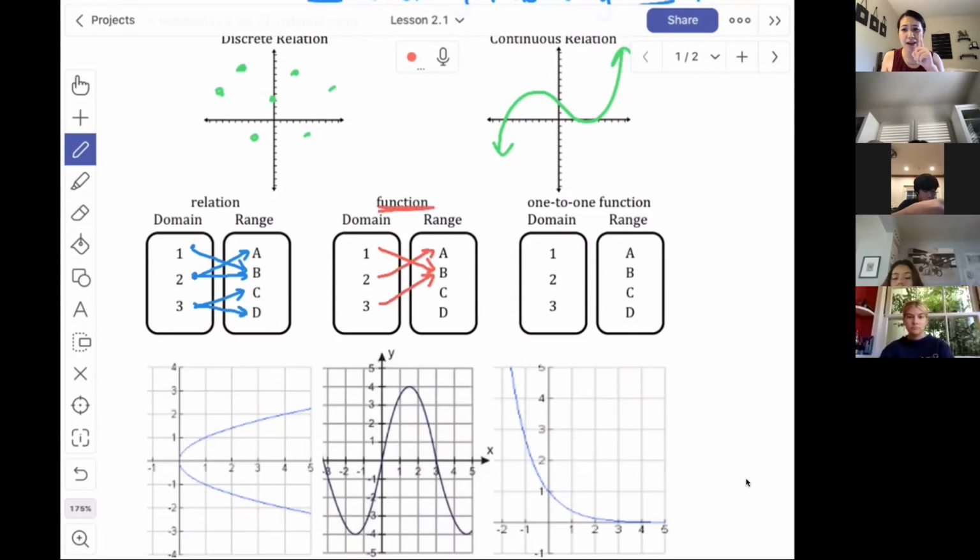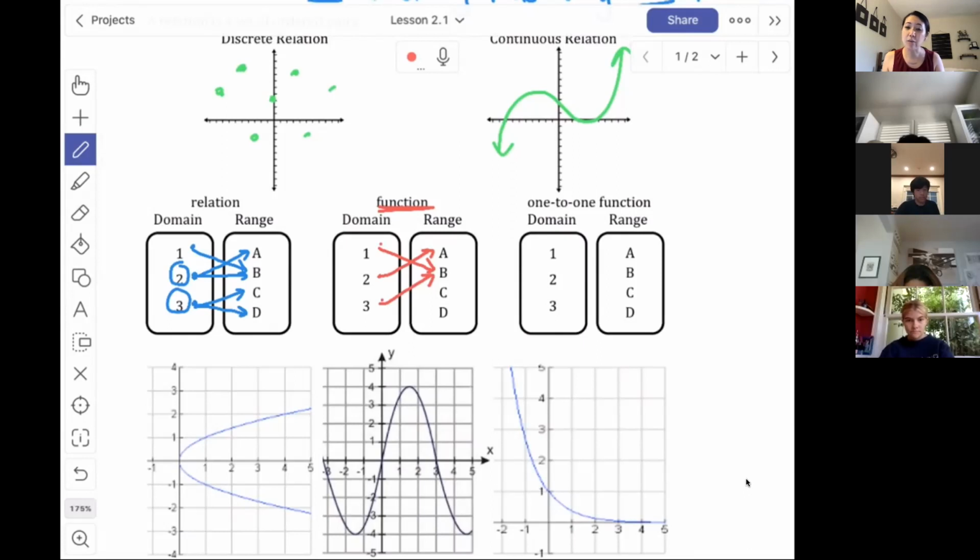Notice there's only one arrow going out of each x member, but in the first one, there are two arrows coming out of that, and two arrows coming out of that. So that is not a function, whereas the second example is. There's only one arrow coming out of each of these x's.